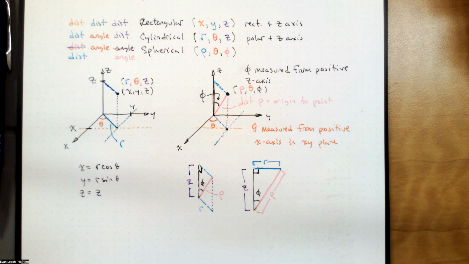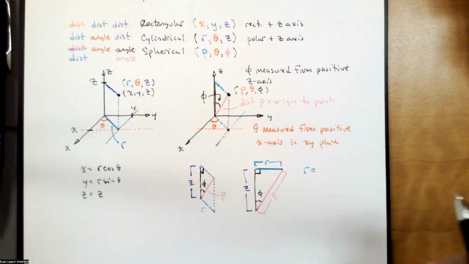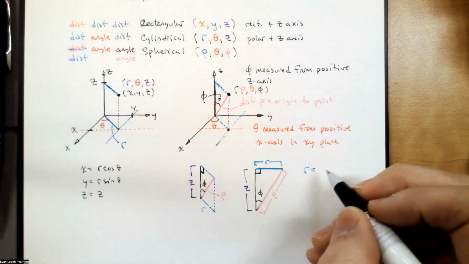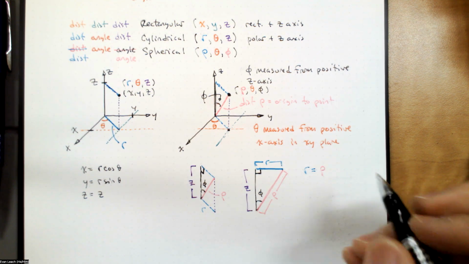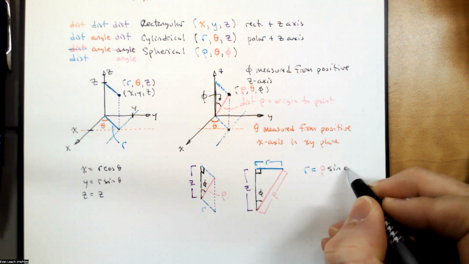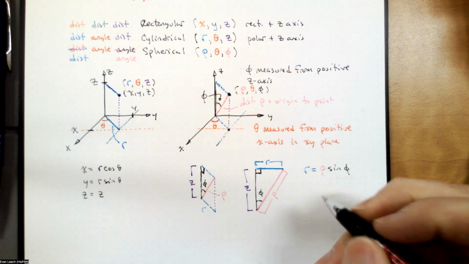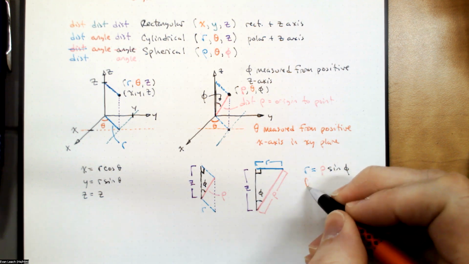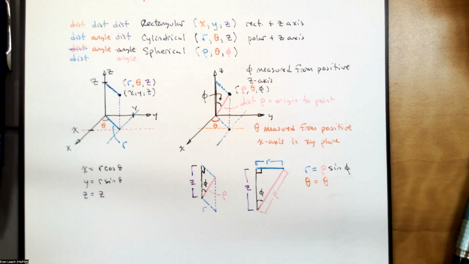Rho is our hypotenuse, so R is equal to rho times the sine of phi. The theta in cylindrical coordinates is the same as the theta in spherical coordinates.